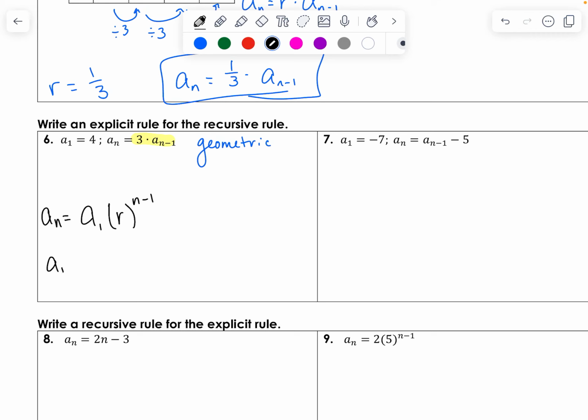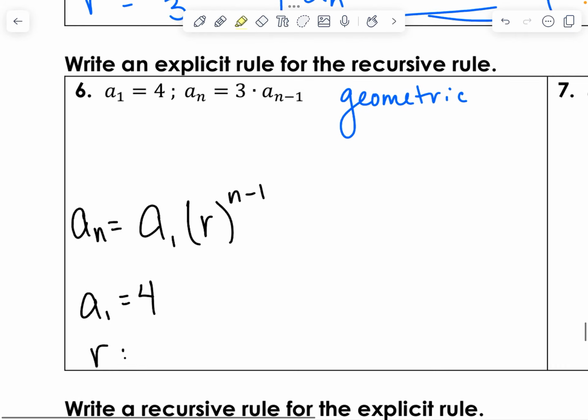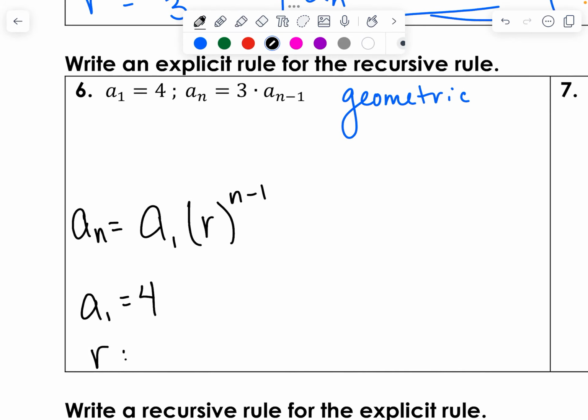So a sub 1 in this case is 4. That was given. And my rate, what's my rate? It looks like in this formula, rate times a sub n minus 1, my rate is 3.